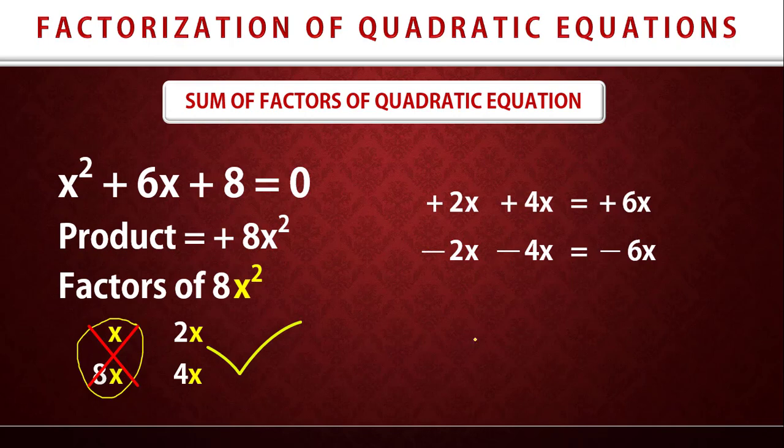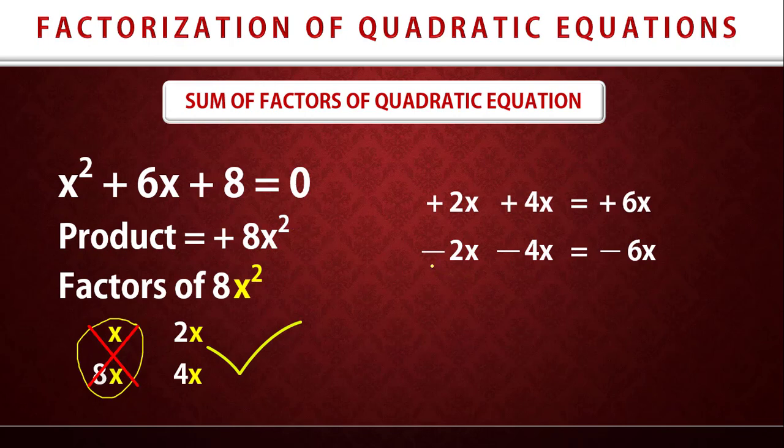My advice for you is this: whenever the product is positive, what you need to make use of as the sign will be plus and plus, or minus and minus. So let's break that down so that you can understand what I'm talking about. If you multiply this back by saying plus 2x times plus 4x, that will give you back plus 8x squared.